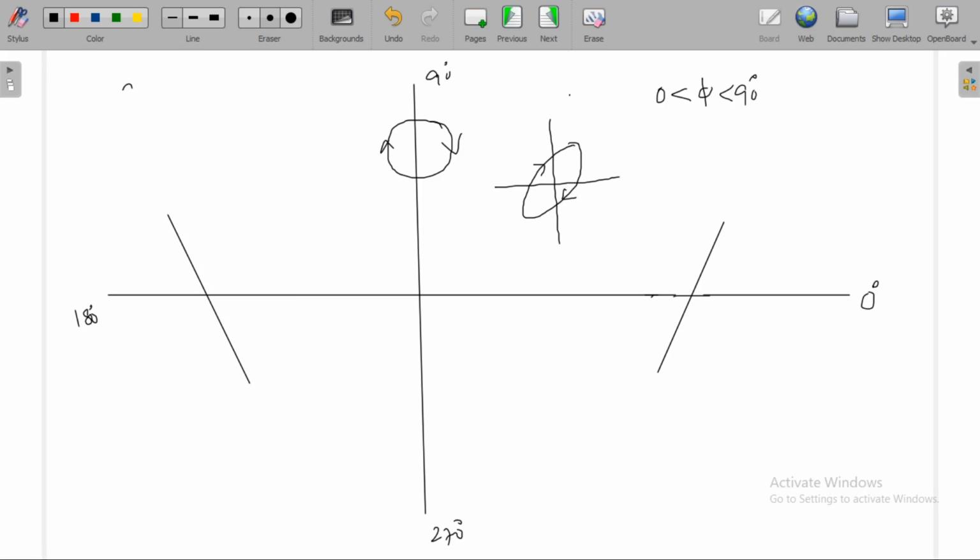Okay, here the angle lies between 90 and 180 degrees. Then here also you're going to get an ellipse, the mirror image of this, in clockwise direction only.